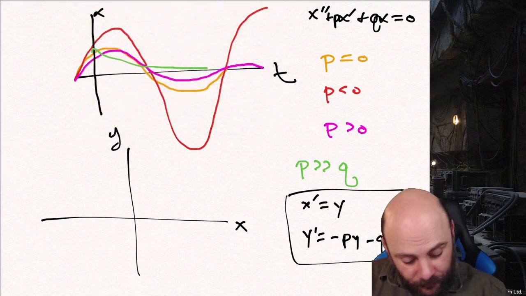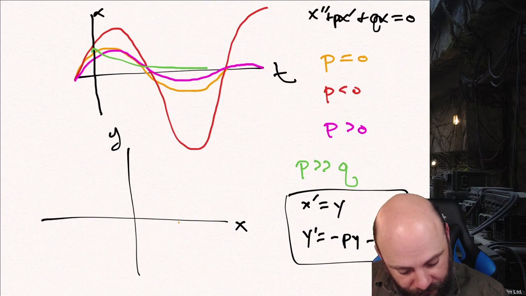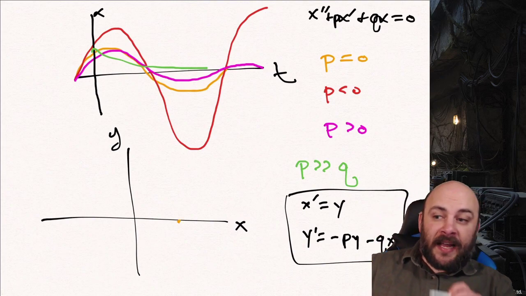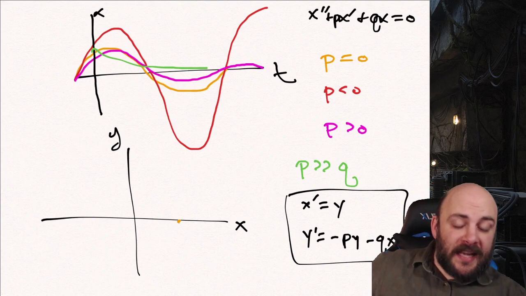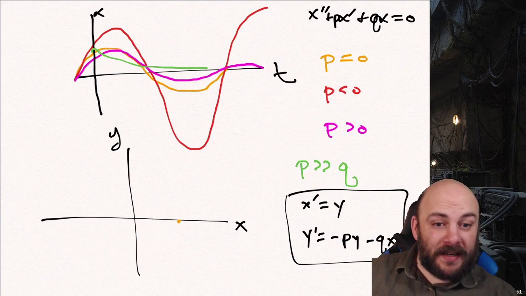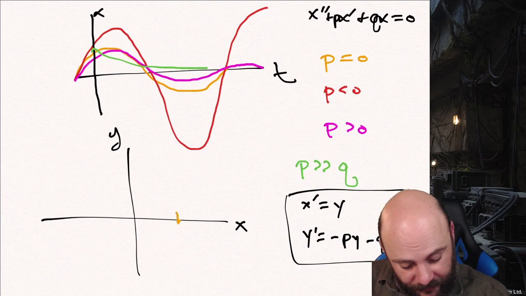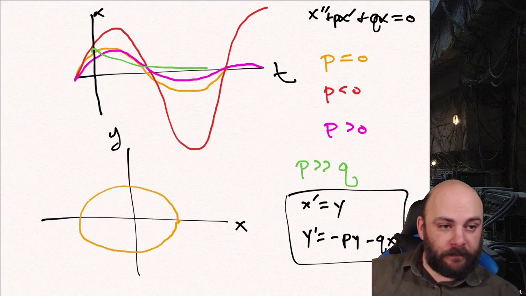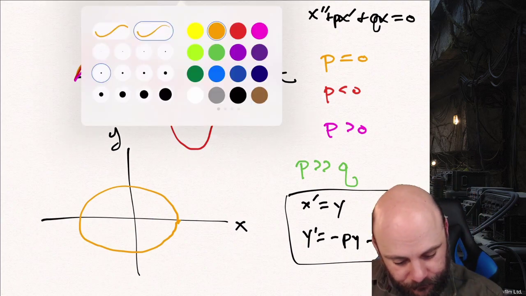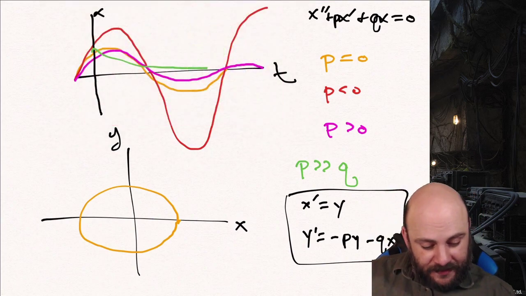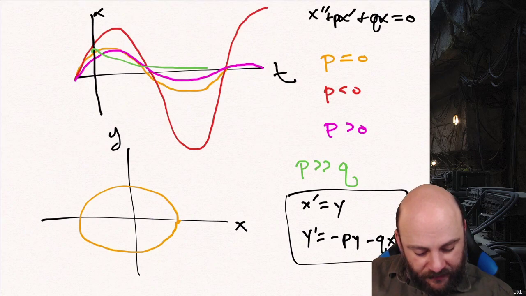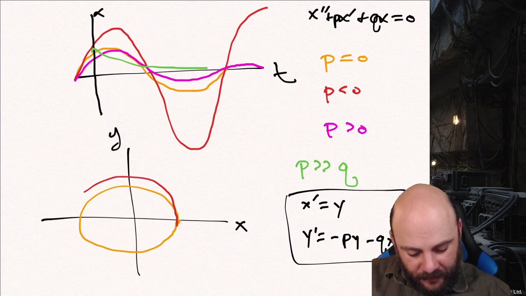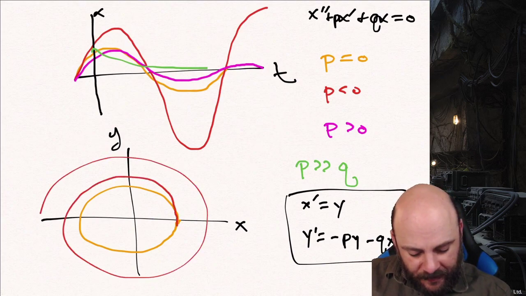All right. Now I want to draw what's happening in all these cases. Okay. p equals 0. Let's say this is my initial condition for all of them right here. p equals 0 means that I am constantly returning to the exact same position at the exact same speed because I'm moving in a periodic orbit. So I'm on some sort of orbit that comes back to itself. Fantastic. p less than 0 means that I'm driving it away, and so in some sense I'm spiraling outward.